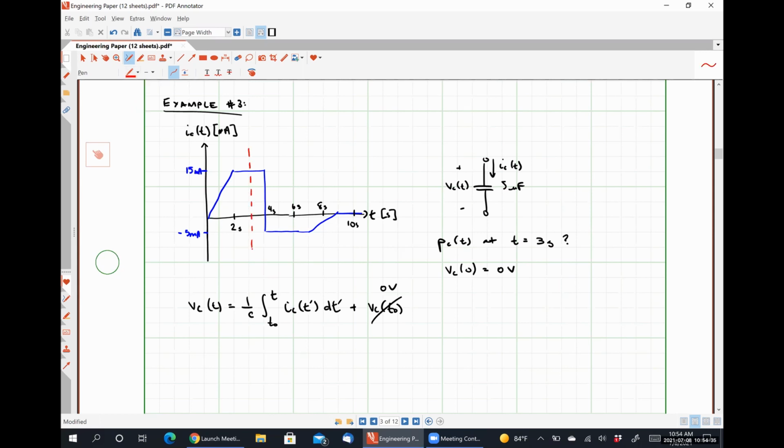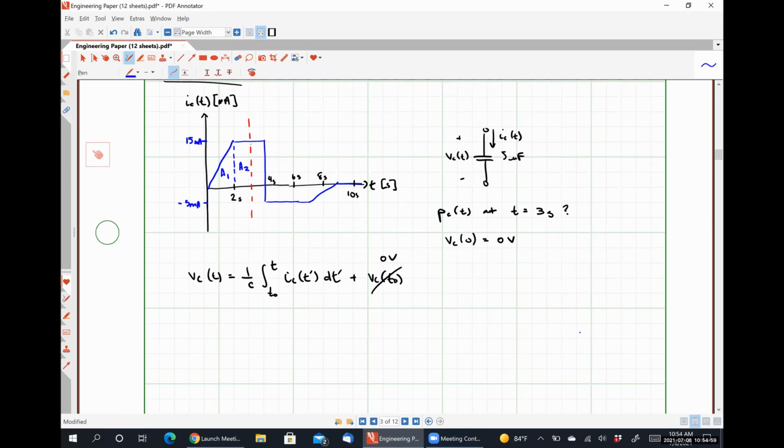So at t is equal to 3 seconds would be this vertical line that I've just drawn. So all we really need to do is figure out the area of that triangle, let's call that A1, and then figure out the area of this rectangle, let's call that A2, and we'd be good to go, right?